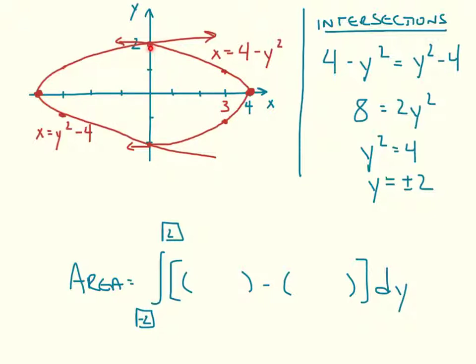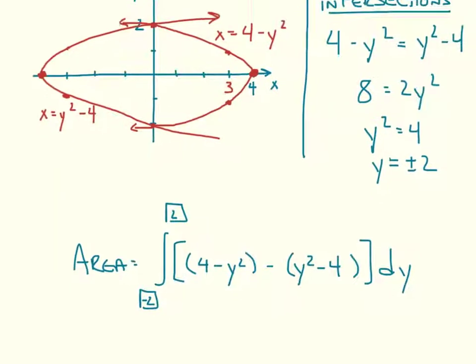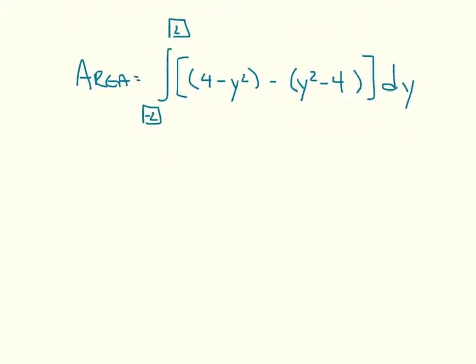So I want to subtract the thing to the left from the thing to the right. So our setup should look like this. And that's really the hardest and most important part of this whole process. Now it's just a matter of doing integration like we're used to. So I'm going to integrate from -2 to 2.